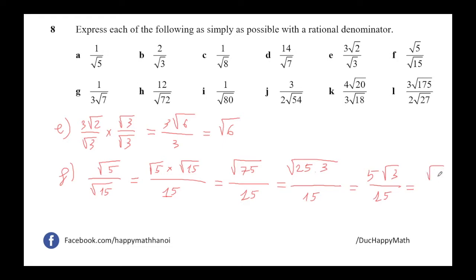So I simplify: the numerator and denominator can both be divided by 5. So we get the square root of 3 over 3. Okay.